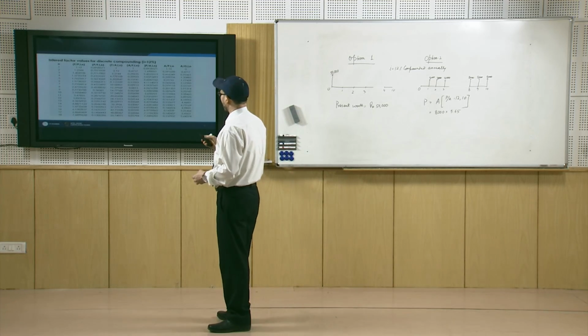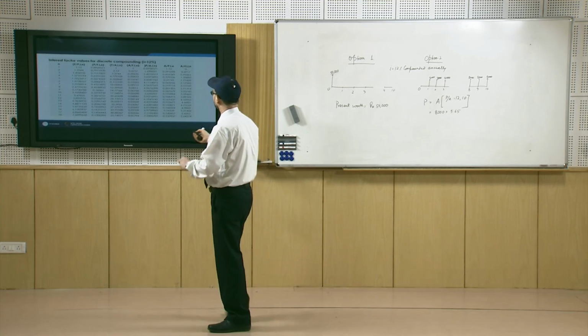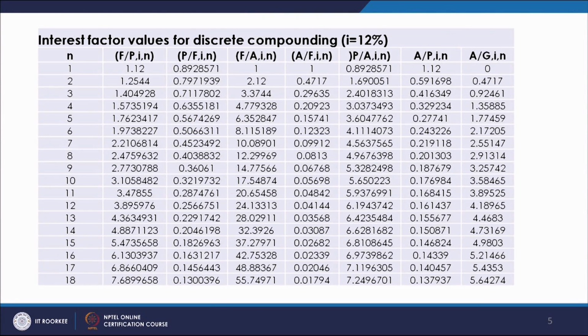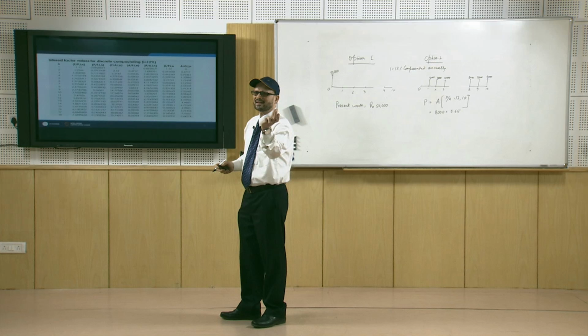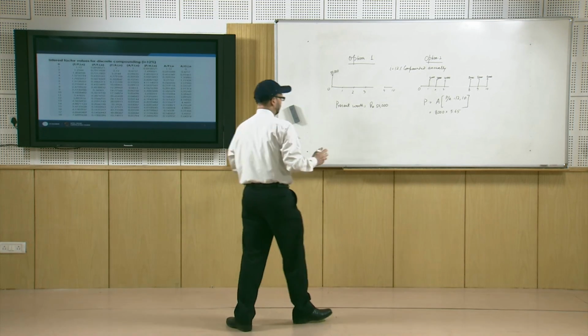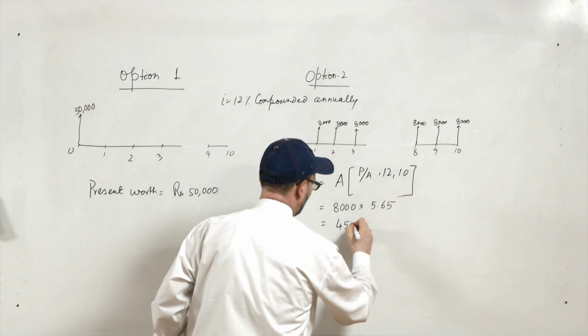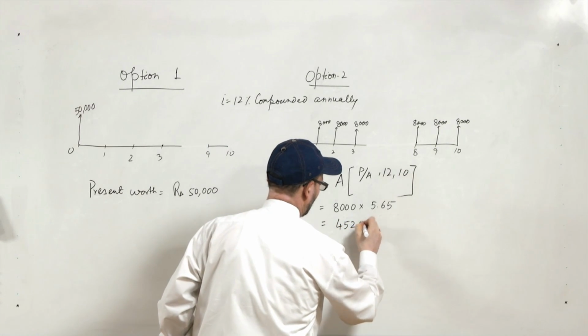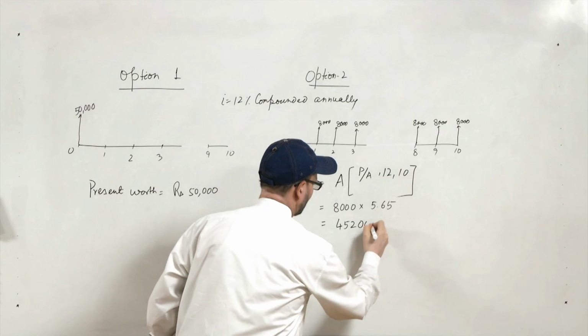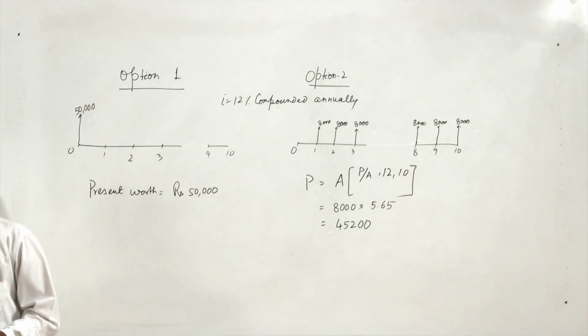This way, if you have to take any value for any number of years or for any other factors, you just see which is the row and column, and the point where they intersect, and that particular value will be directly taken from the table. So, it comes as 45,200 rupees.